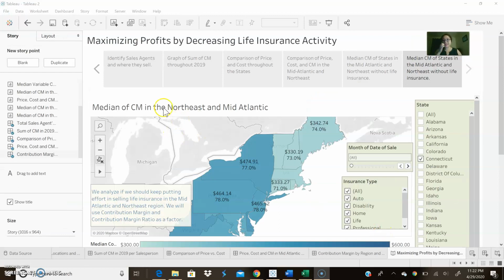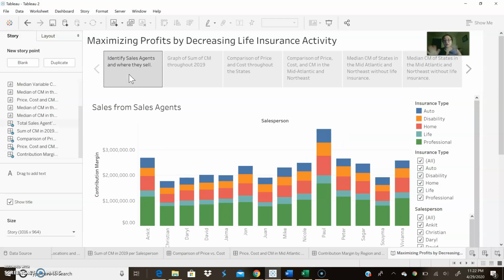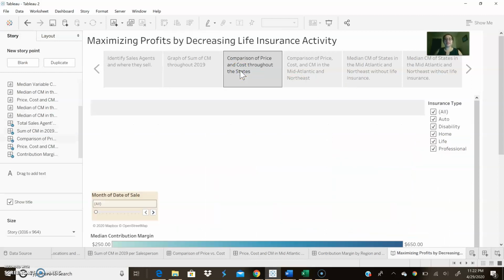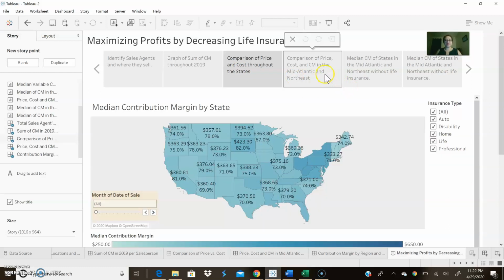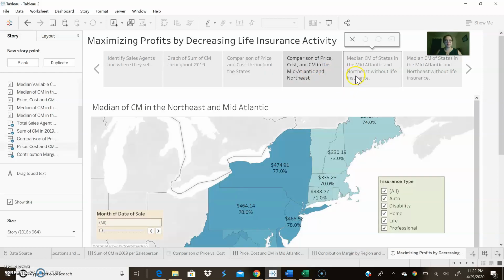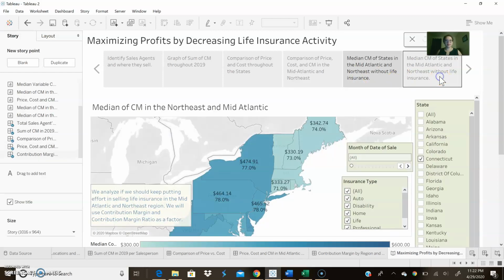After that, we put all of our dashboards into our Tableau story. And as you can see, we put all of our information in the same order as mentioned. Takes a while to load, but it's all there.